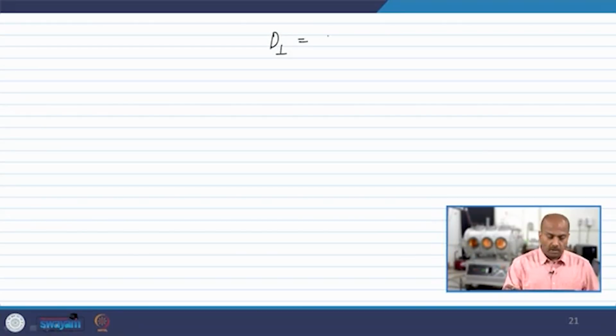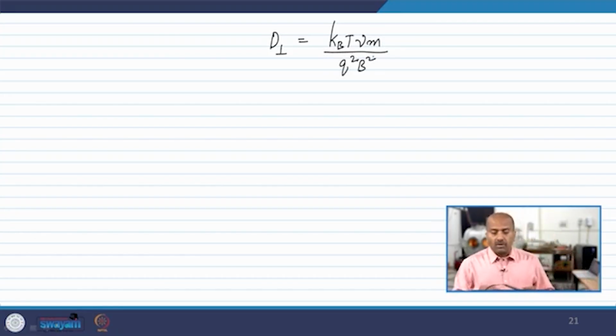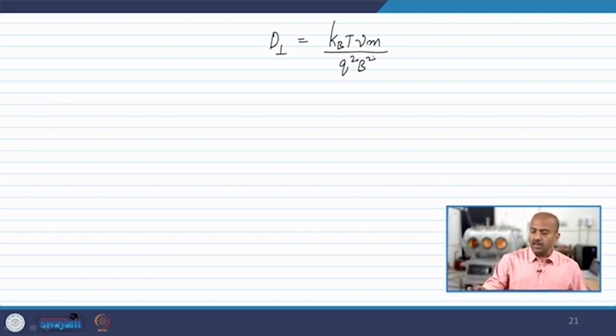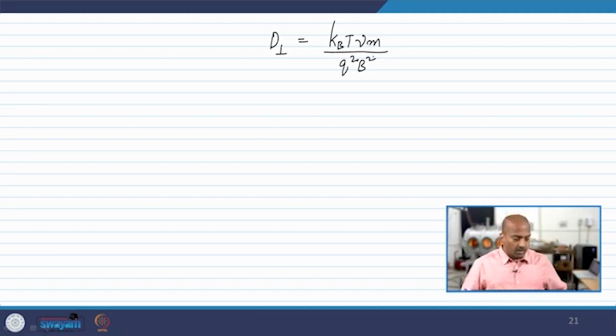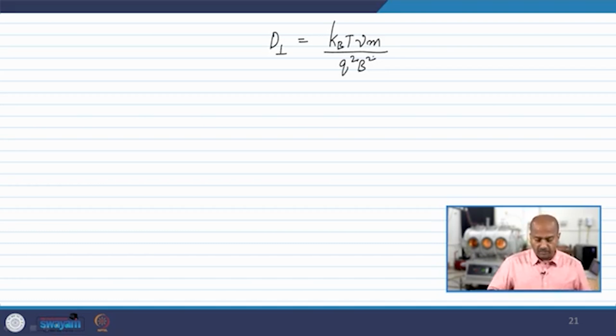So, in that discussion we have derived this diffusion coefficient which we called D perpendicular, which is kBT nu m by q square B square. Now, if you remember, the discussion started in the context of how the magnetic field can affect the particles' movement or how collisions can be affected in the presence of magnetic field.